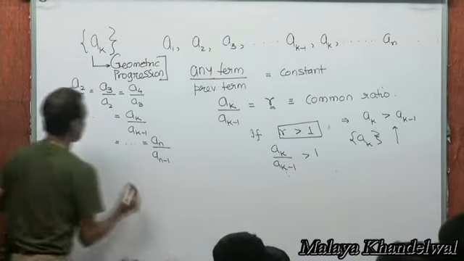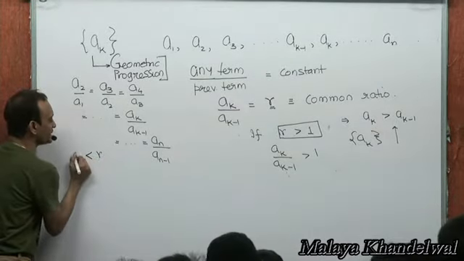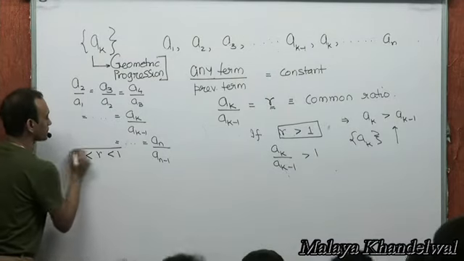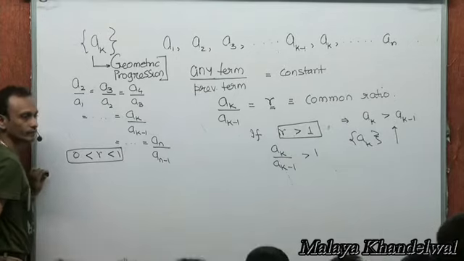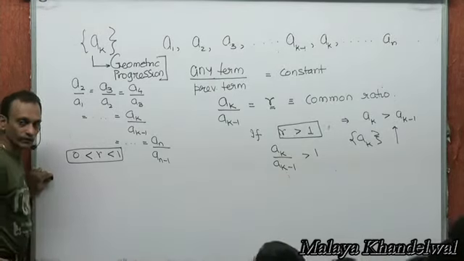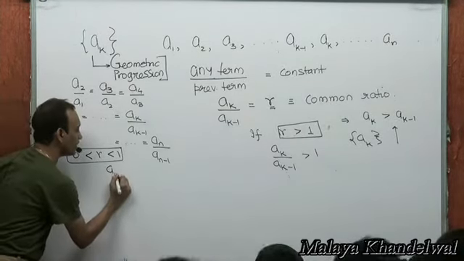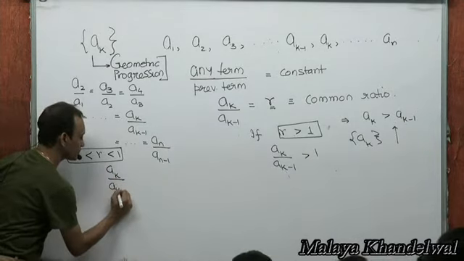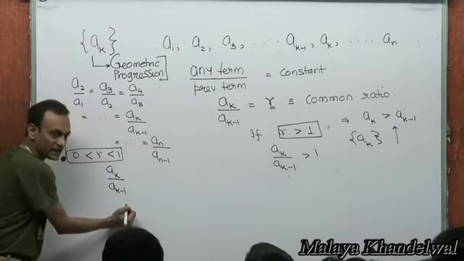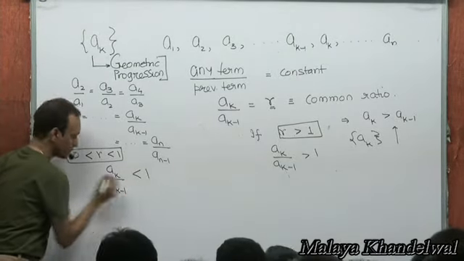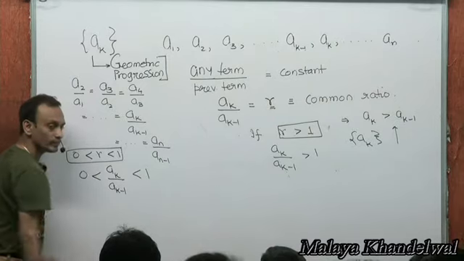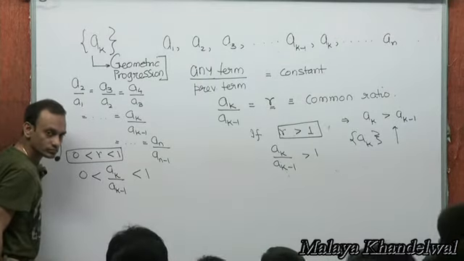But if the common ratio R is greater than 0 and less than 1, then A_K by A_K minus 1 will be less than 1, and of course greater than 0, right?